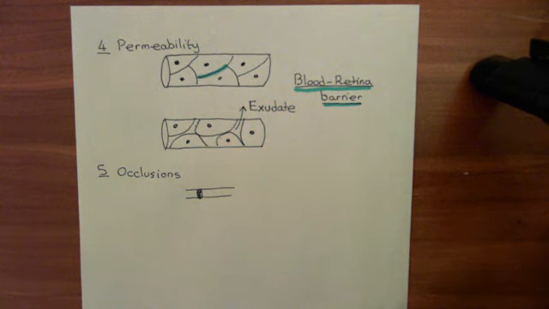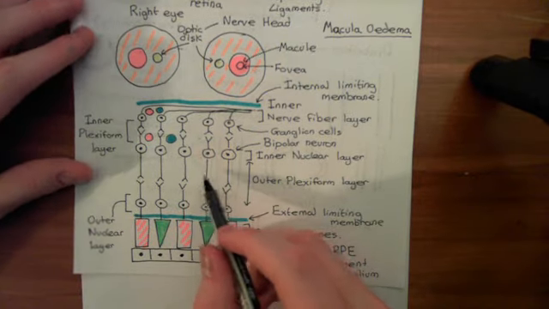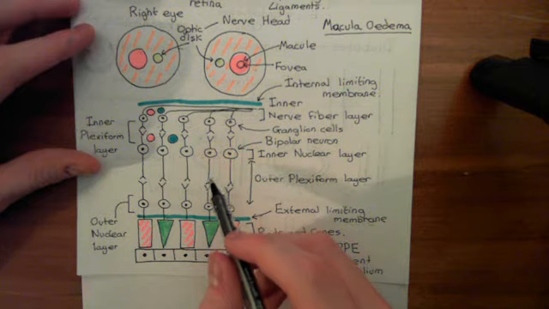stable pool of fluid, and basically it will push a gap between the blood vessels and the tissue, basically. So if you imagine, if I get my picture of the outer plexiform layer back again, okay, if you imagine a huge amount of fluid coming in here, what's that going to do?